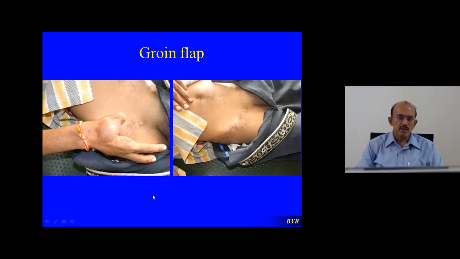So you can see here, this fellow has crushed injury of the hand. There is traumatic amputation of the fingers with loss of skin of the dorsum of the hand and palm of the hand. So a groin flap is constructed here and it is placed over this area.